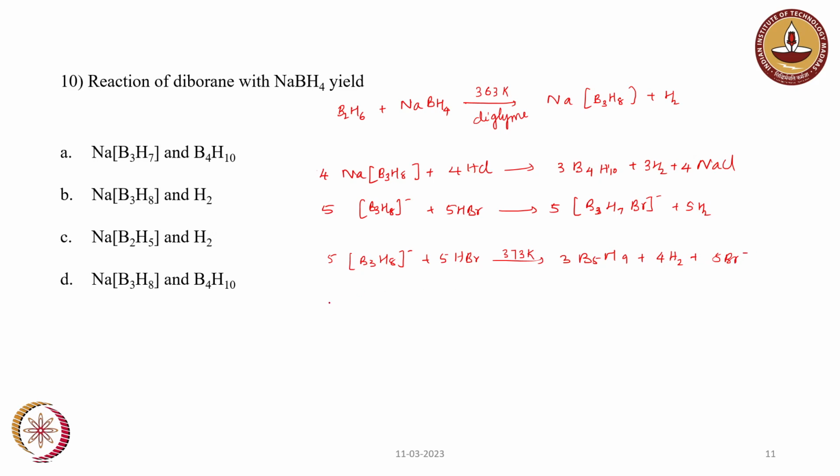And if you heat at 435 Kelvin in diglyme, it will form Na2B6H6. So 2NaB3H8 heated at 435 Kelvin in diglyme will give Na2B6H6 plus 5H2.